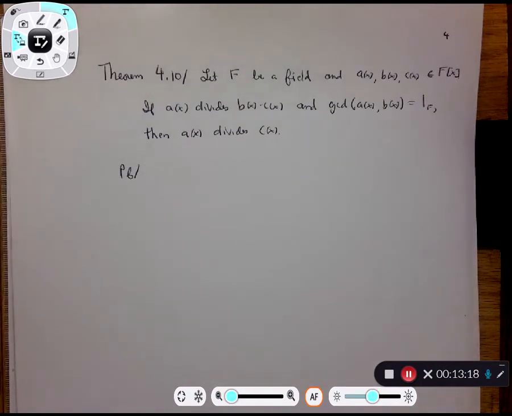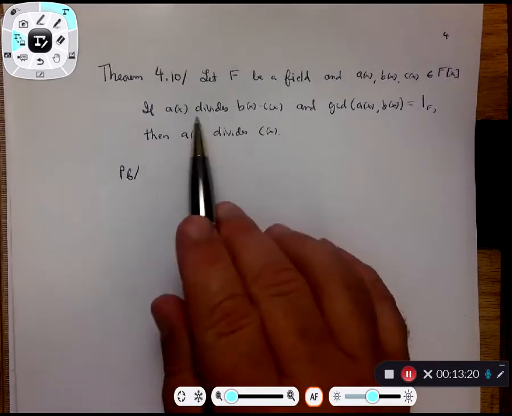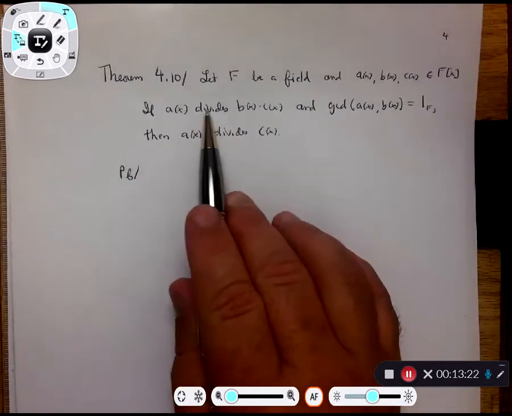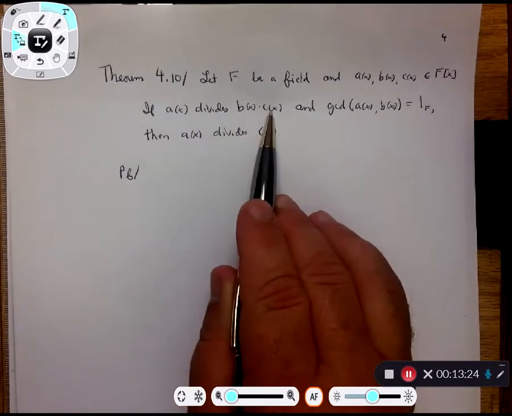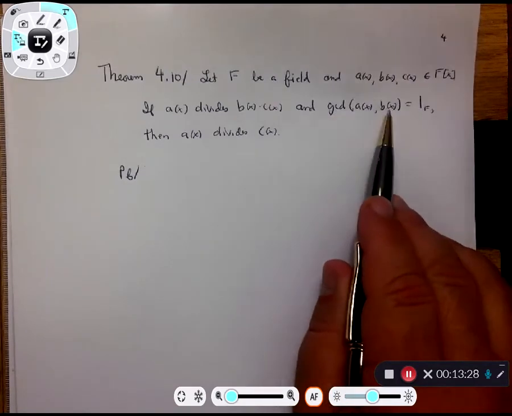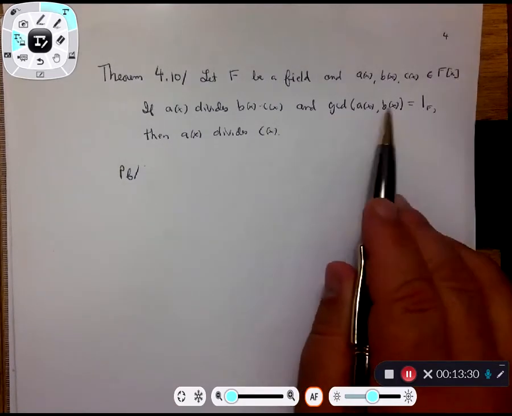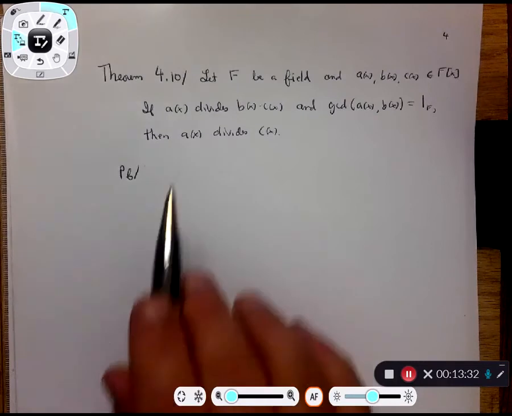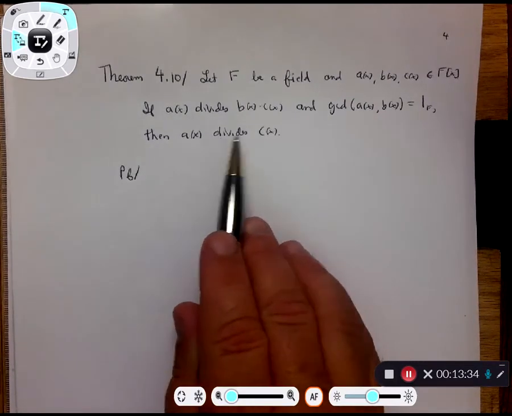Alright, let's prove it. So I'm given that a(x) divides b(x) times c(x), and I'm also given that the GCD of a(x) and b(x) is equal to 1. a(x) and b(x) are relatively prime. I want to show a(x) divides c(x).